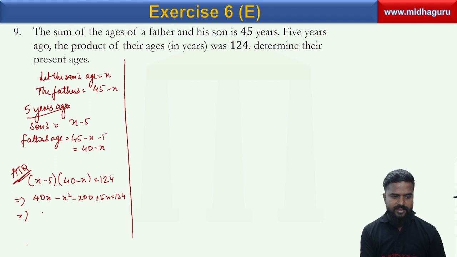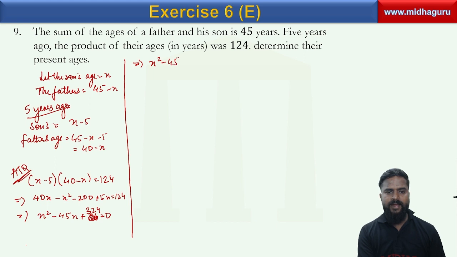Taking all the terms to any one side, we get x squared minus 45x plus 76 is equal to 0. Wait, this won't be 76, this will be 324, since this becomes plus 200. So the new equation is x squared minus 45x plus 324 is equal to 0.